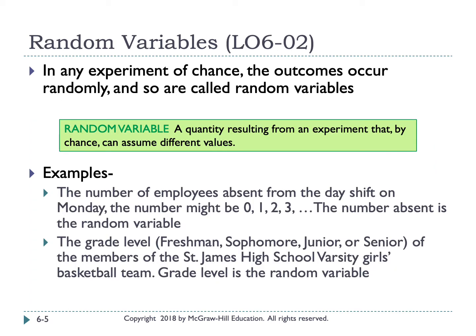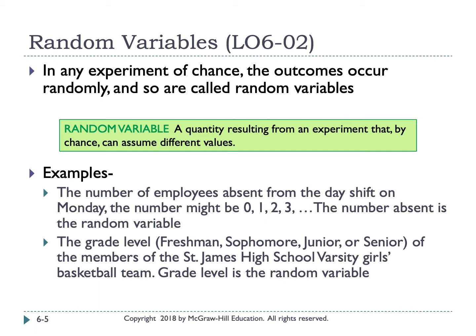So in any experiment of chance, the outcomes occur randomly, so we just call them random variables. Pretty straightforward there. Anything from rolling a die, the hourly wage of plumbers, the number of runners in the Boston Marathon. It's all random. We can have random variables that are quantitative, or they could be qualitative as well.